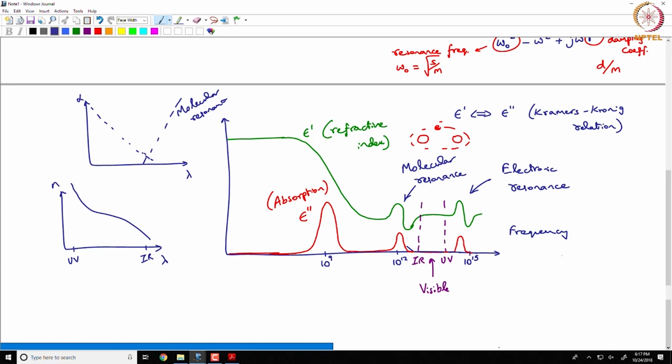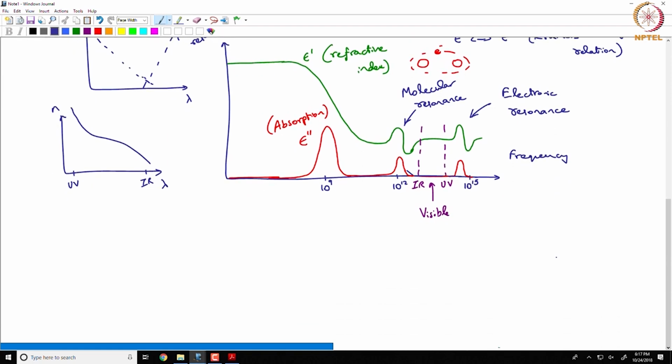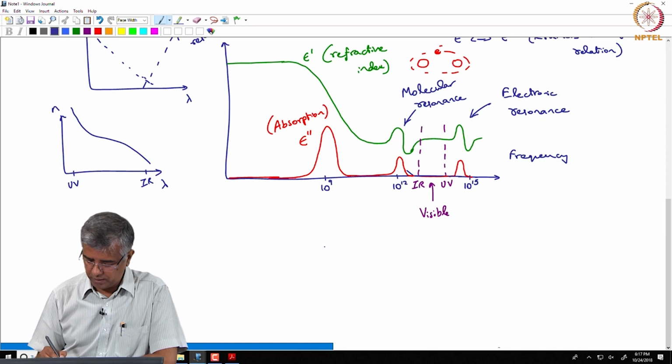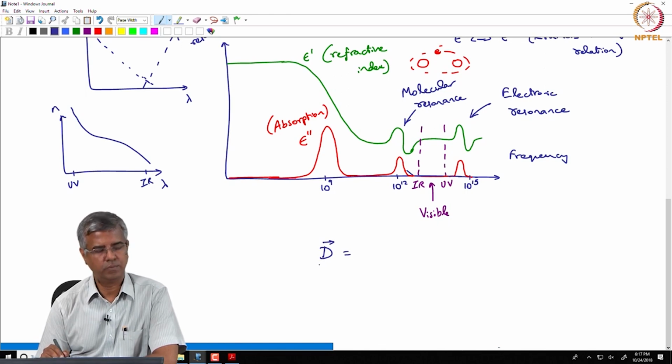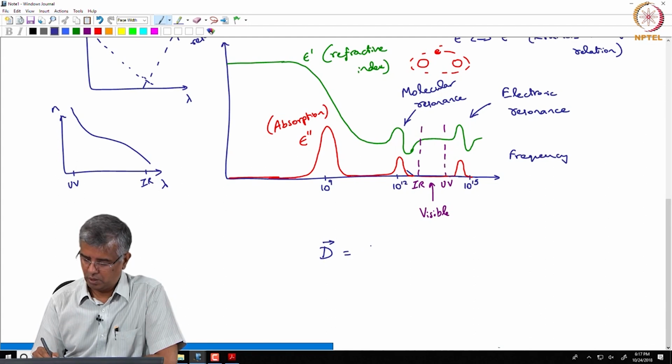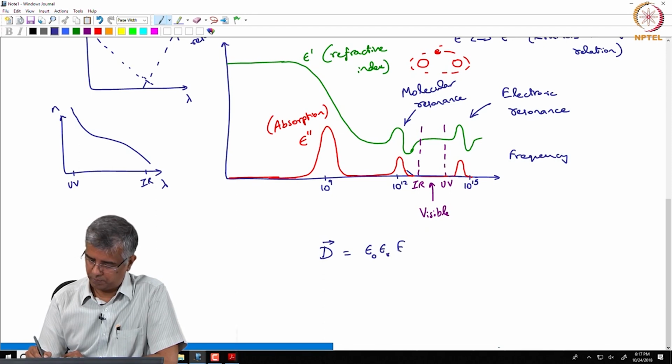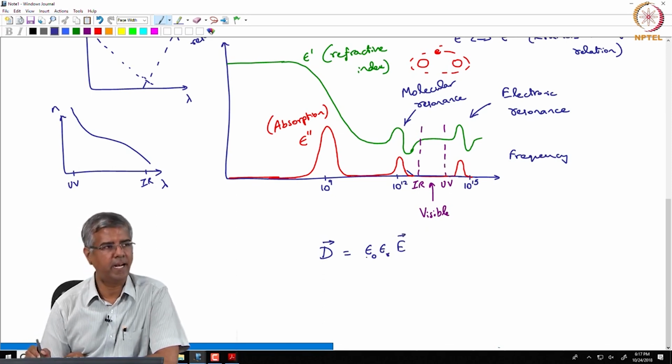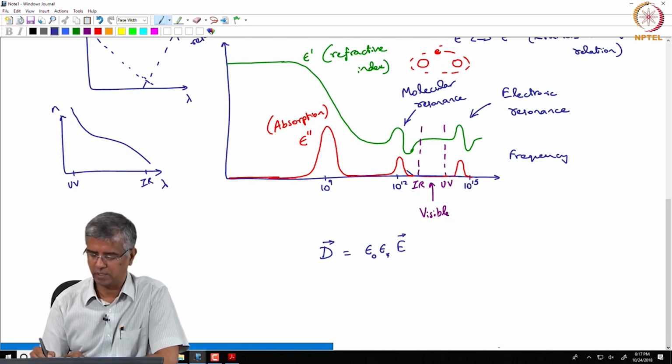So, when we talk about the response of a medium, we express that response as a D vector, the displacement vector, which we say is epsilon naught epsilon r multiplied by E. For an applied electric field, you get a response as D, and that response is through this epsilon r.